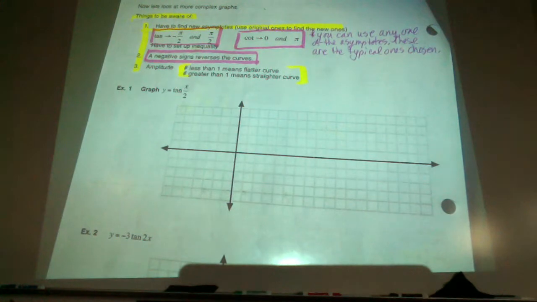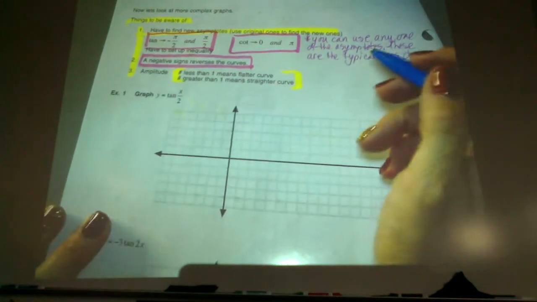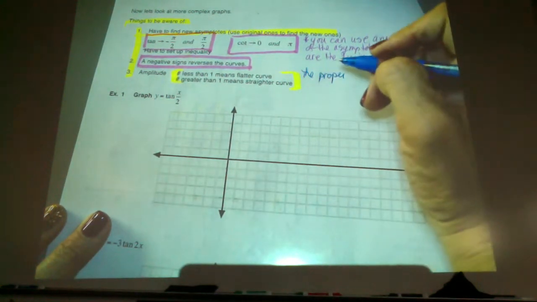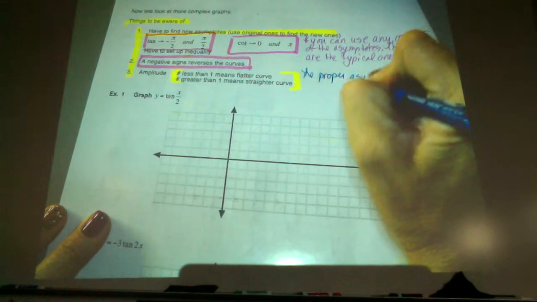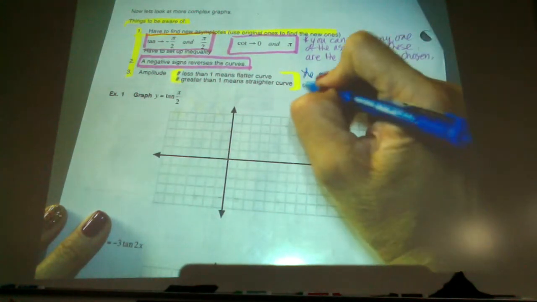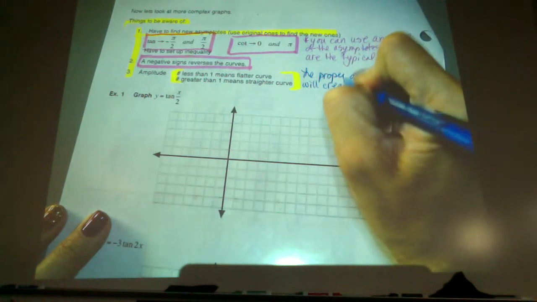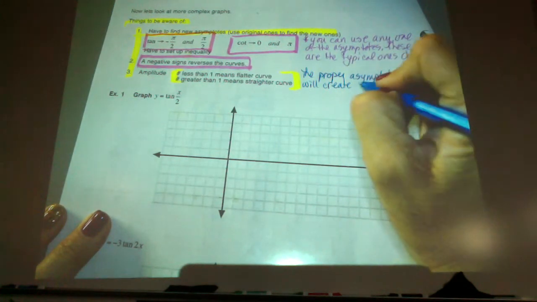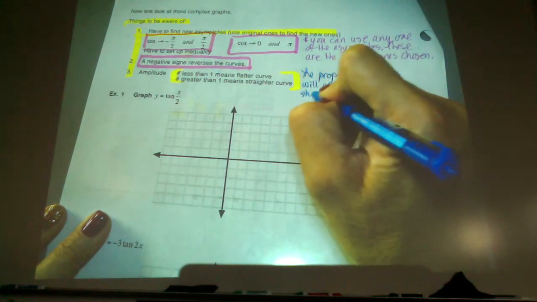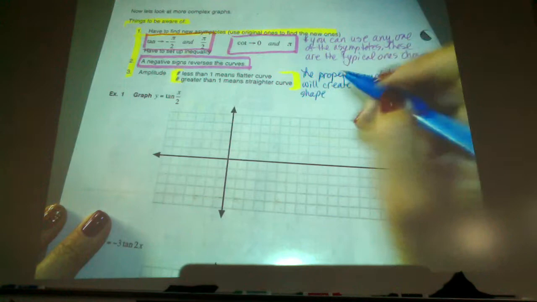I'm more concerned when you find the zeros and can you graph those asymptotes. So write yourself the following note. The proper asymptotes will create the correct shape for the curve.